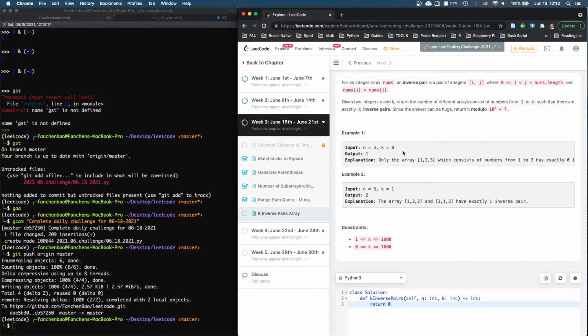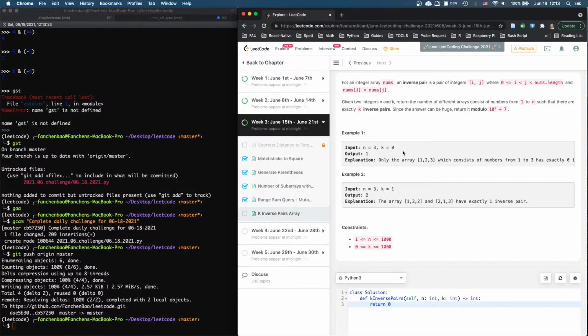So this is going to be a DP table. n equals 0 we don't have to consider. If n equals 1, then we have no pair, so everything is 0.